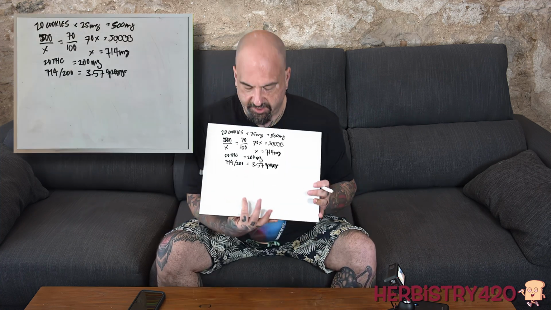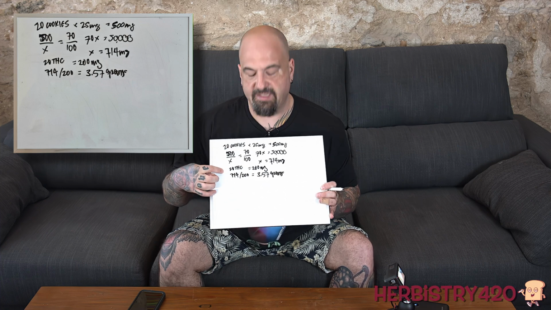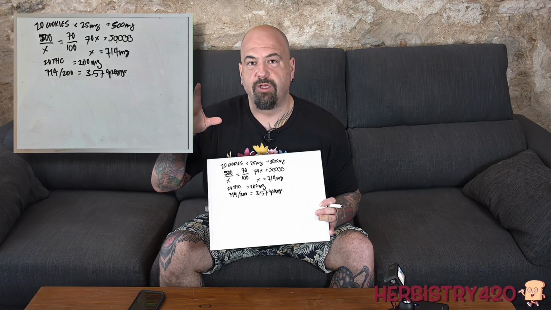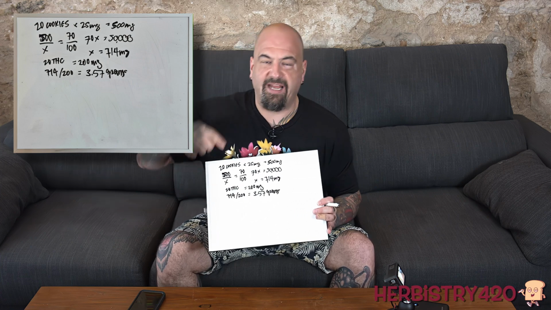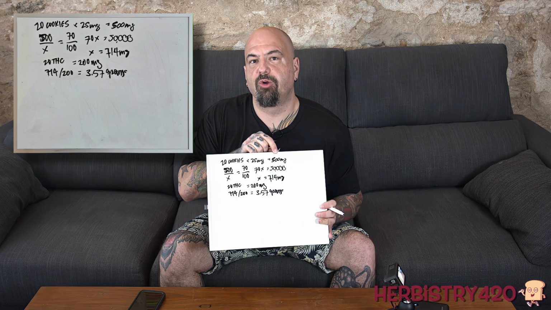So 714 divided by 200 equals 3.57 grams. So we're going to need 3.57 grams of this 20% cannabis to give us 714 milligrams of total potency. After decarb and infusion into butter, let's say, you're going to be left with 500 milligrams of potency.